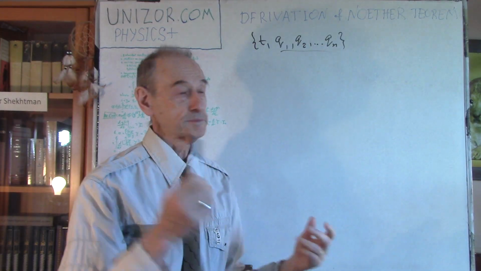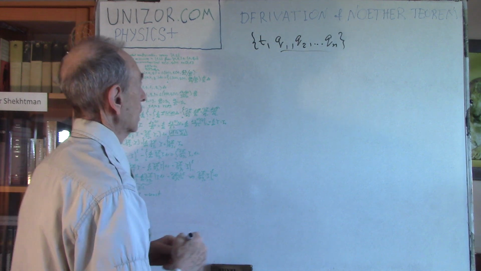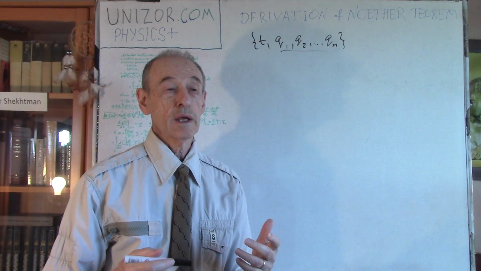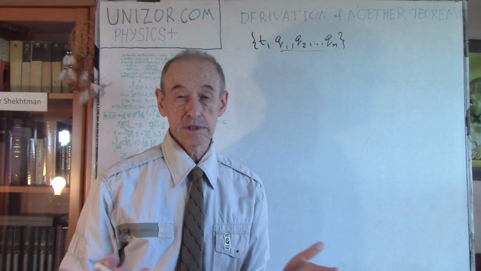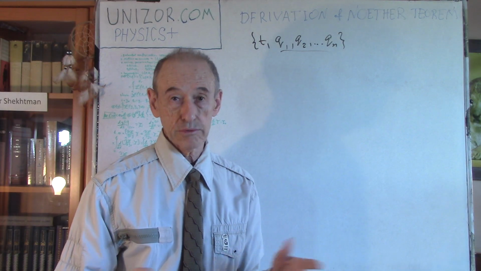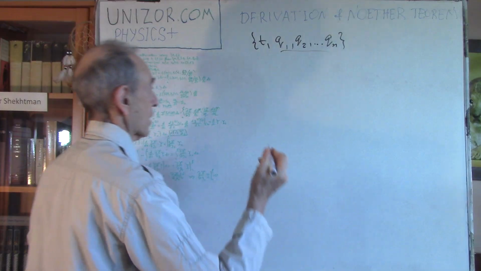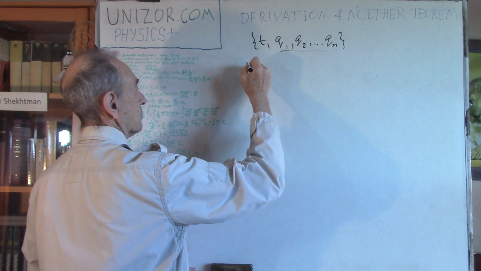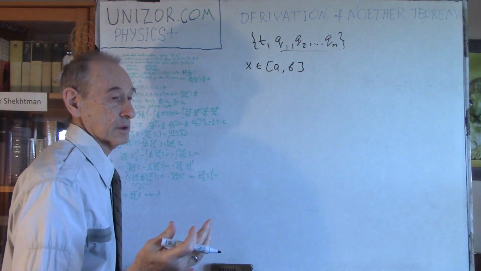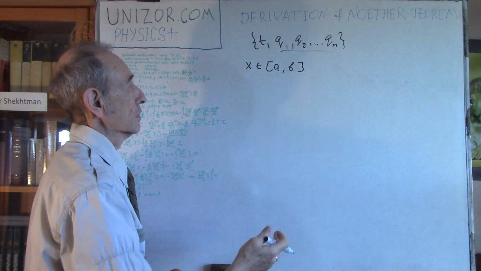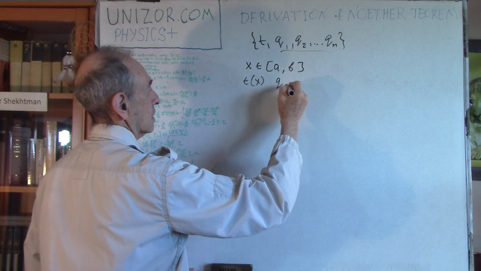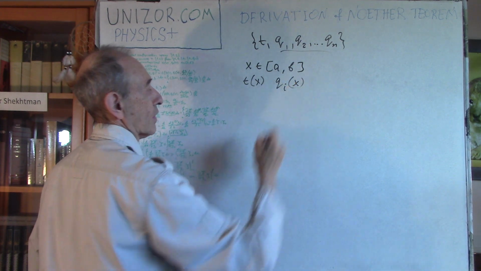So all the details of the motion are represented in this extended configuration space as a curve. Now, if it's a curve, then it can be mathematically described. How are curves described in mathematics? Parametrically. You have a certain parameter x, which belongs to some segment from A to B, real numbers, and all the coordinates are functions of this parameter.